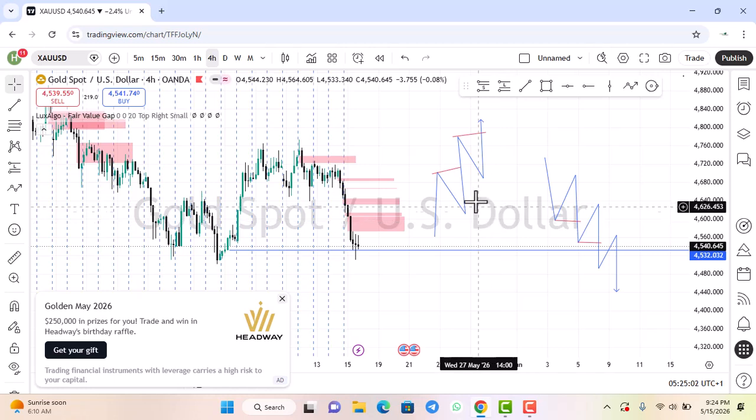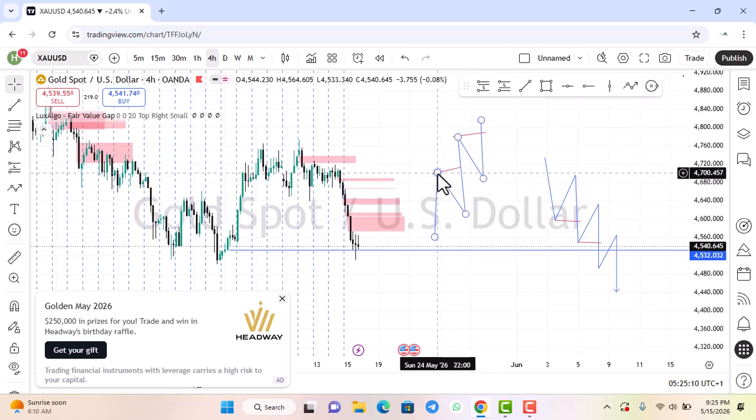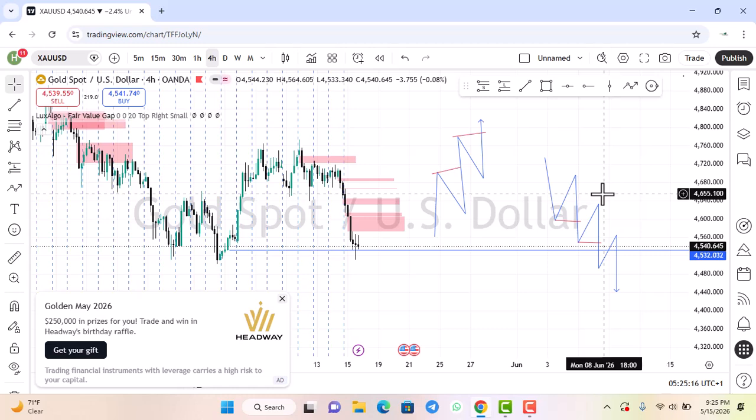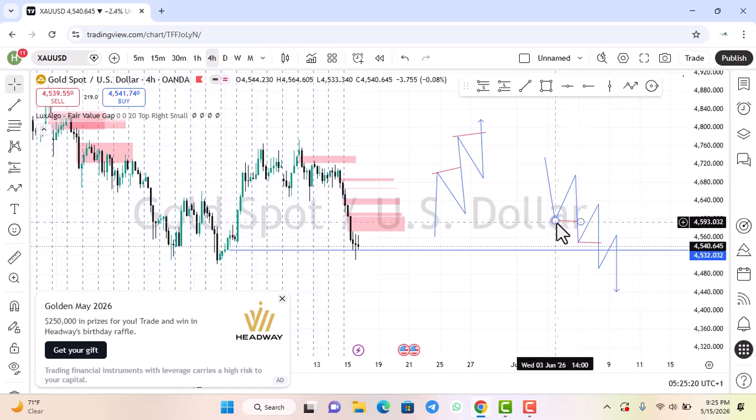So when we are in an uptrend, for the market to continue to go up, it must break the previous higher high, which is this point here. Then when we are in a downtrend, for the market to continue to go down, it must break the previous lower low, which is this point here.